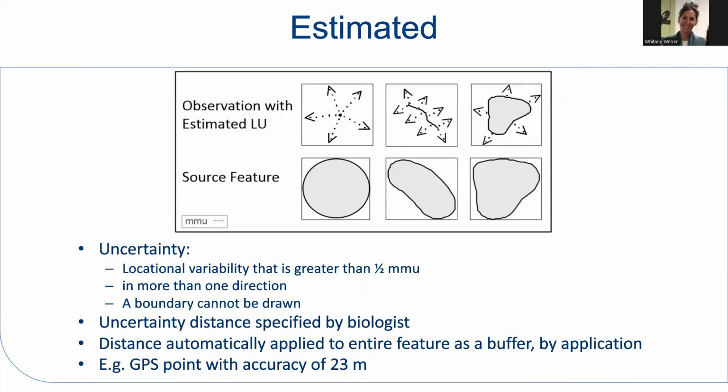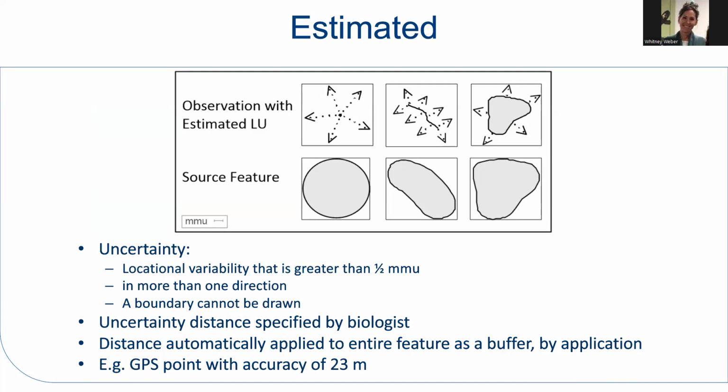So in that case, the uncertainty distance is specified by either the biologist or the tool that is being used, whether it be a GPS or a pad or your cell phone, which will record the precision.